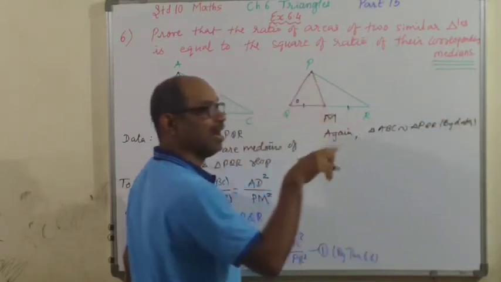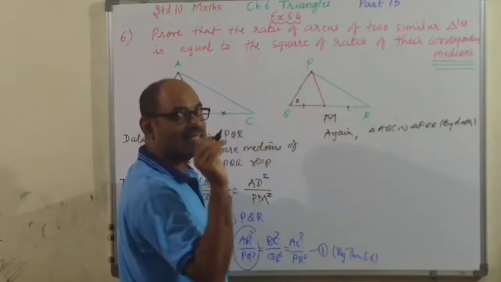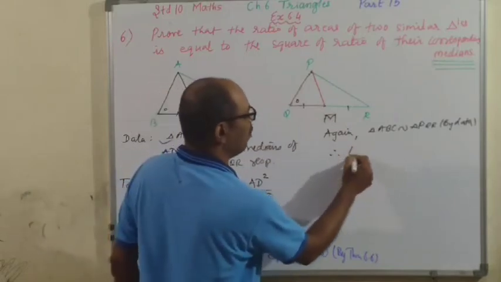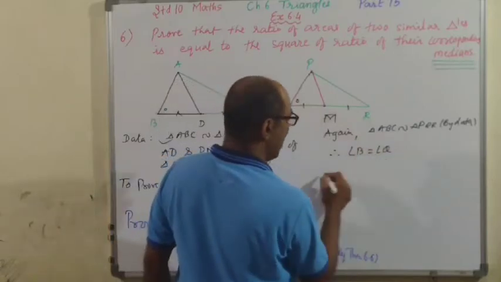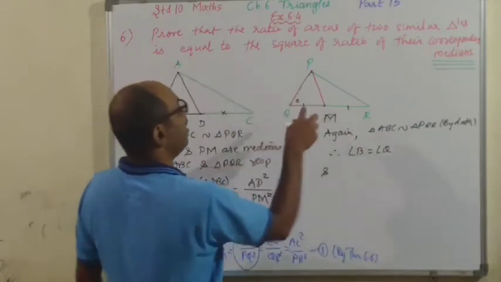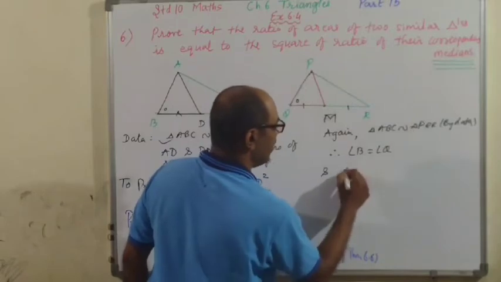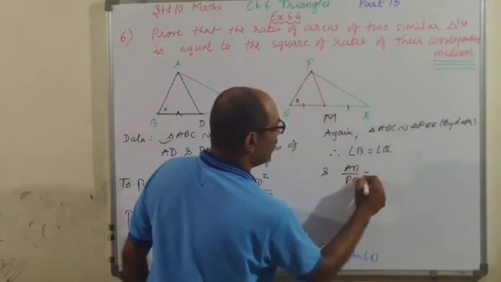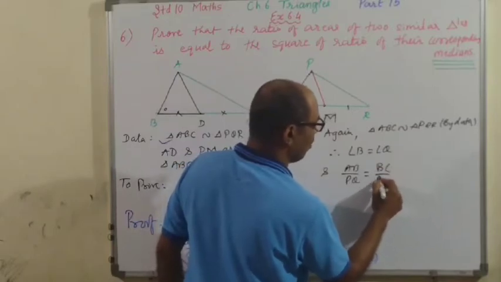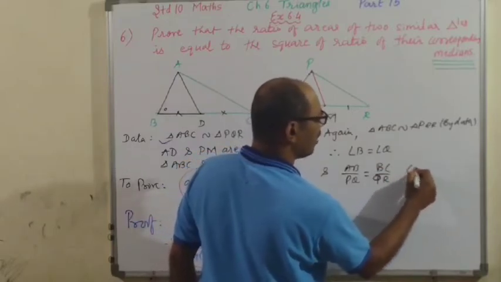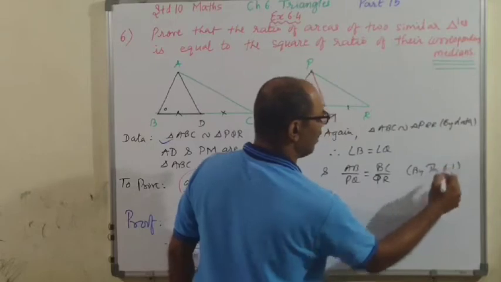Children, we have already proved earlier. So now only the necessities I am picking up. Therefore, angle B is equal to angle Q. And AB upon PQ is equal to BC upon QR by theorem 6.1.